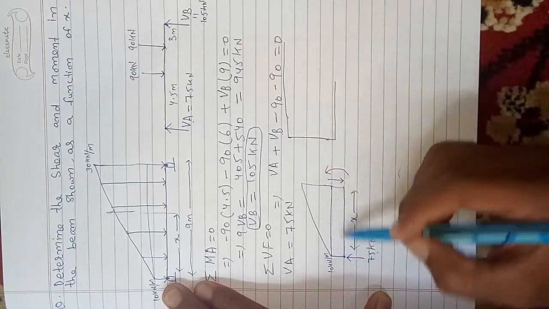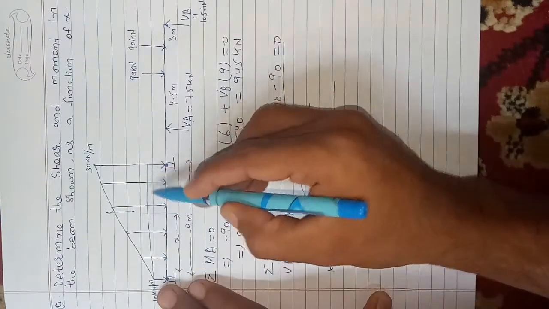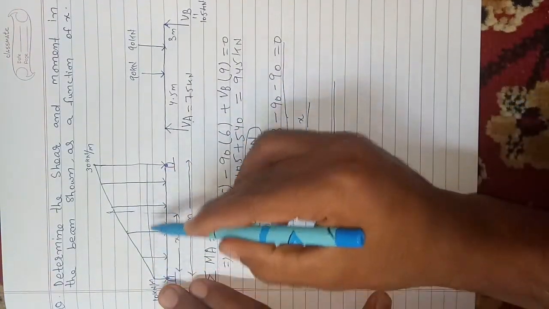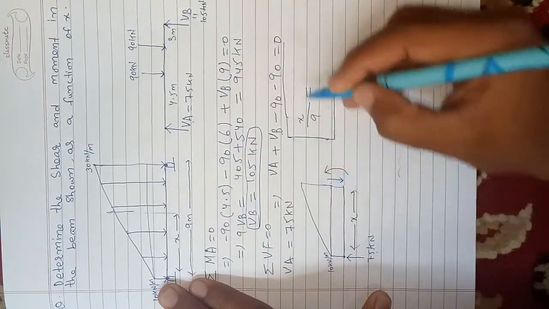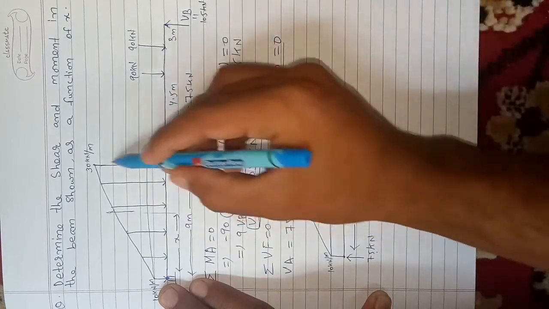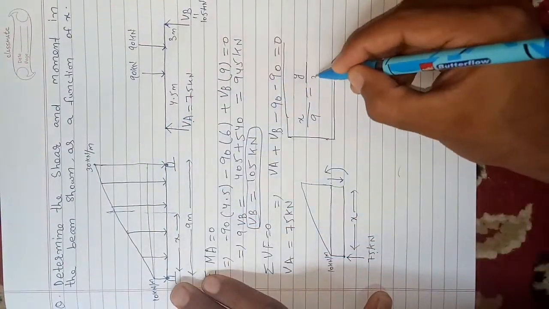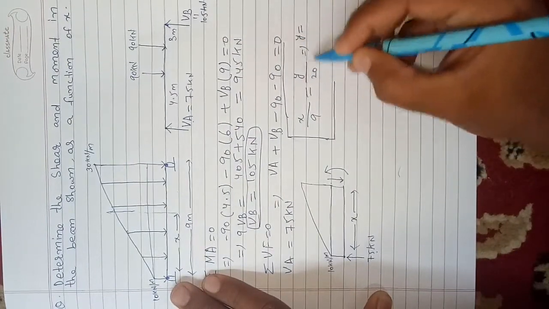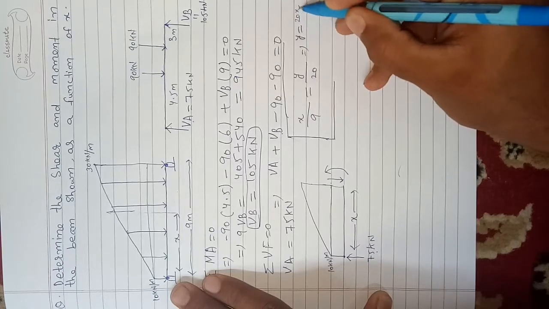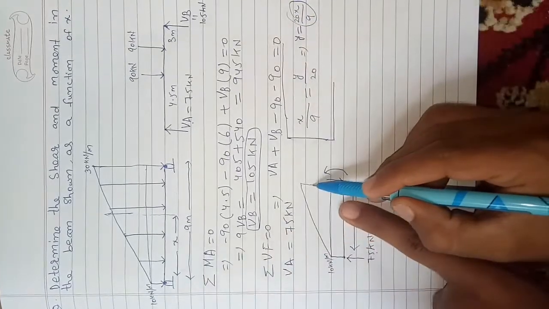So I can write: this distance x divided by this distance 9 meter equals this distance, which I will write as y, divided by this distance, which is 30 minus 10, that is 20. This further implies y comes out to be 20x by 9. So this is 20x by 9.